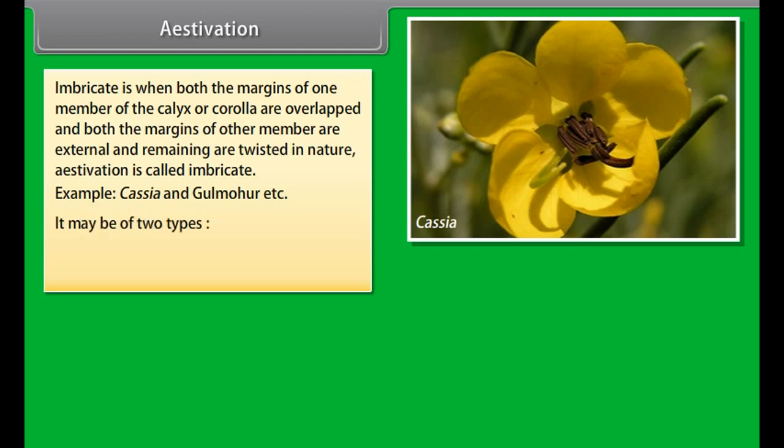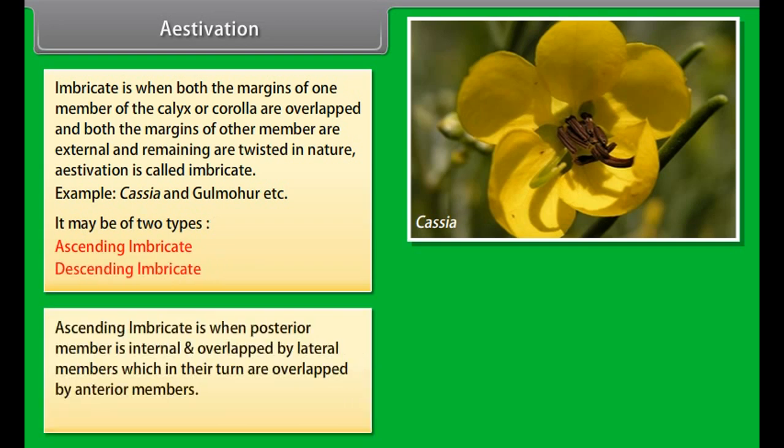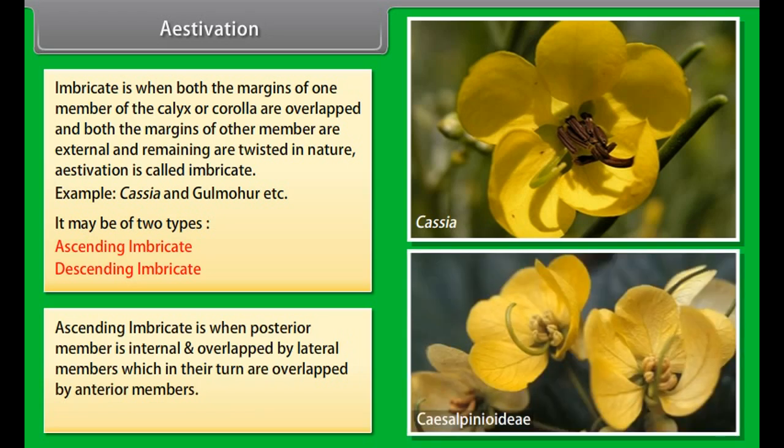It may be of two types: ascending imbricate, descending imbricate. Ascending imbricate is when the posterior member is internal and overlapped by lateral members, which in their turn are overlapped by anterior members. Example, Caesalpinioideae.